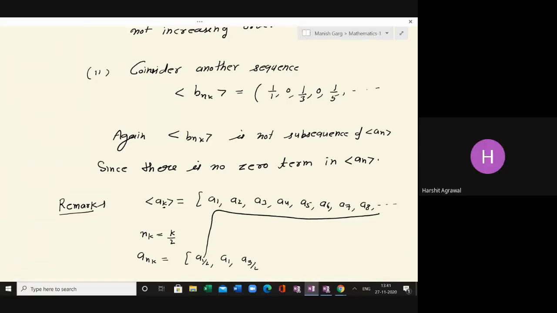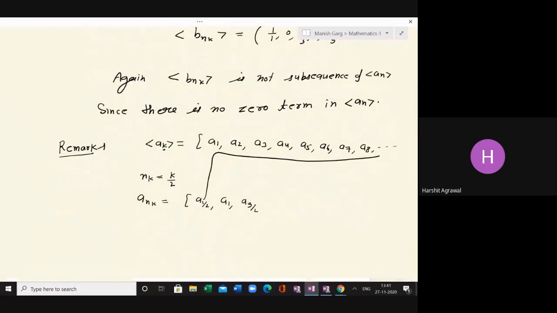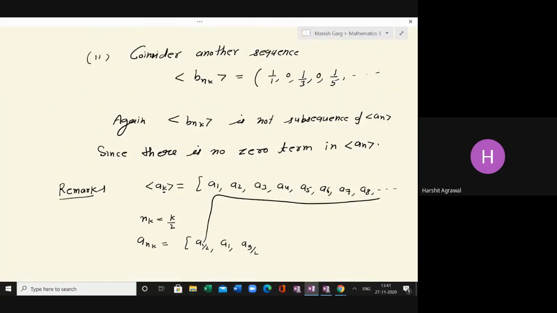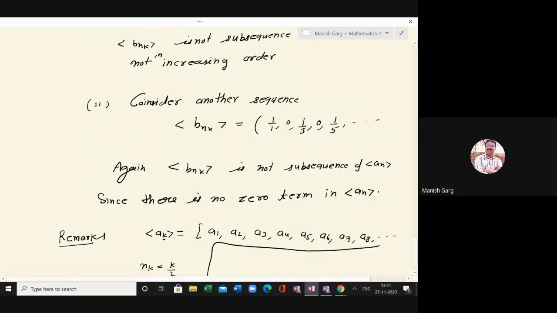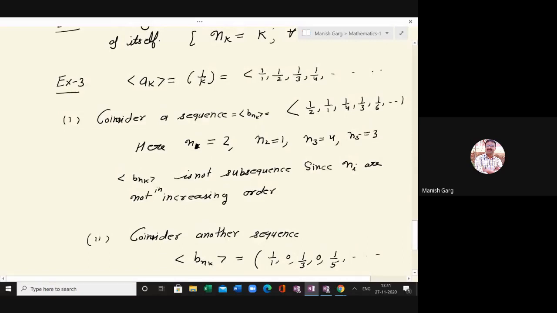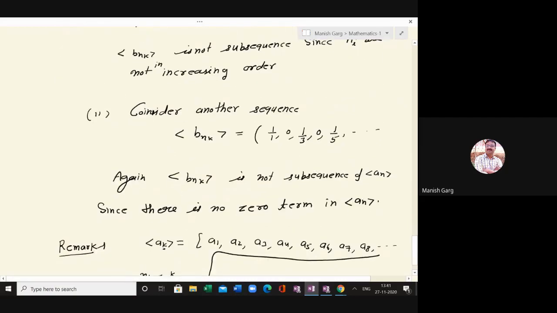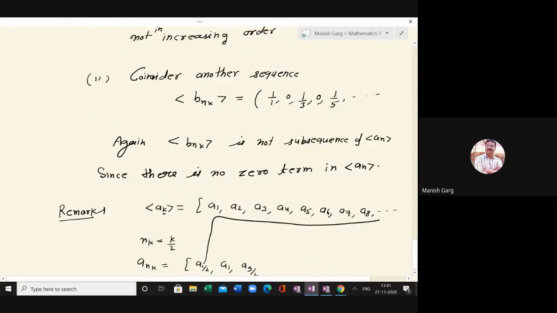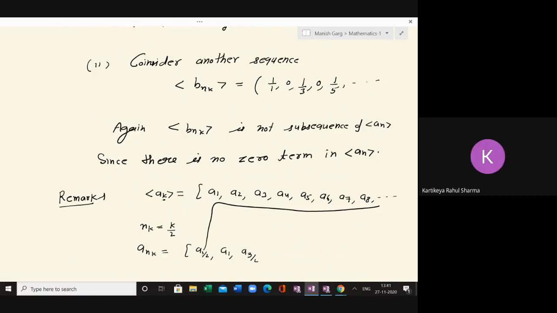In the first example, all the terms we are taking from a_k, all the terms of this sequence are present in a_k. Now we need to check the increasing order. But here in the second, immediately you can say there is one element which does not belong to a_n, so this is not a subsequence.